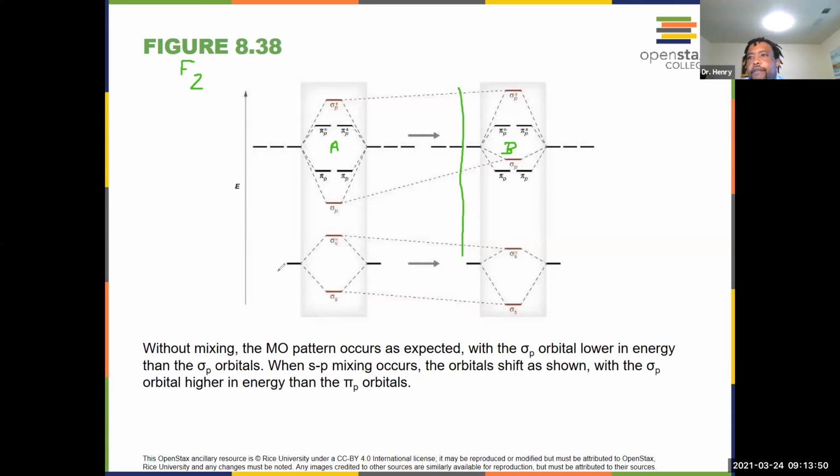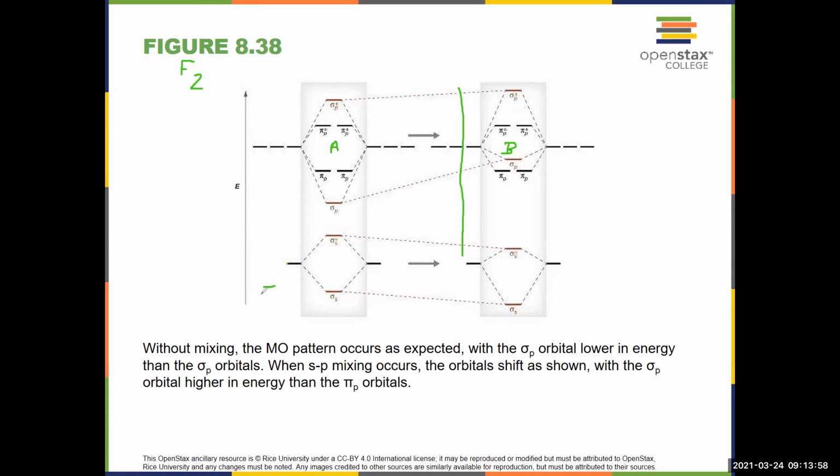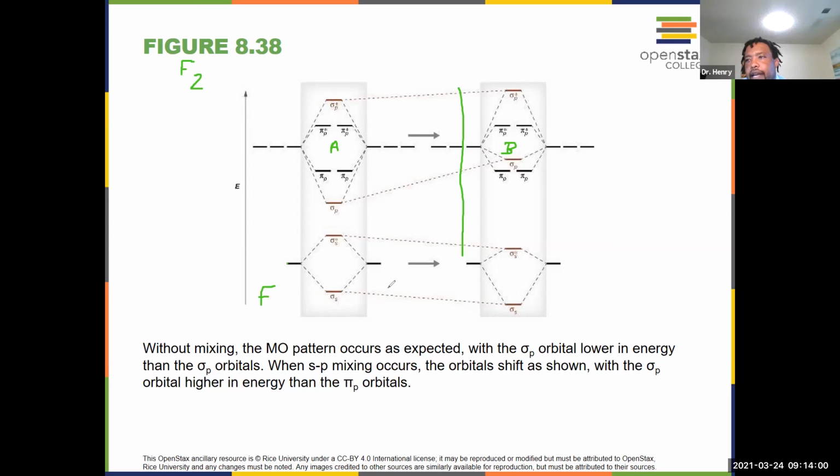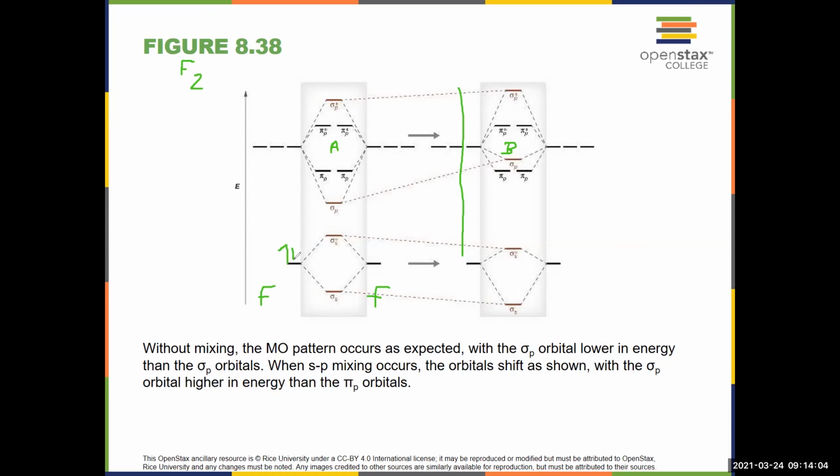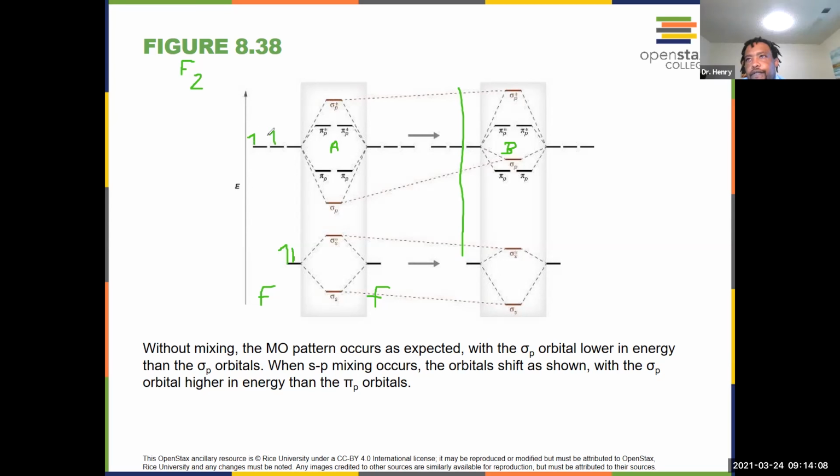So let's go ahead. How many valence electrons does fluorine have? This 7 represents fluorine, a single fluorine atom. So it has 7: 1, 2, 3, 4, 5, 6, 7. Okay, this guy, same thing.